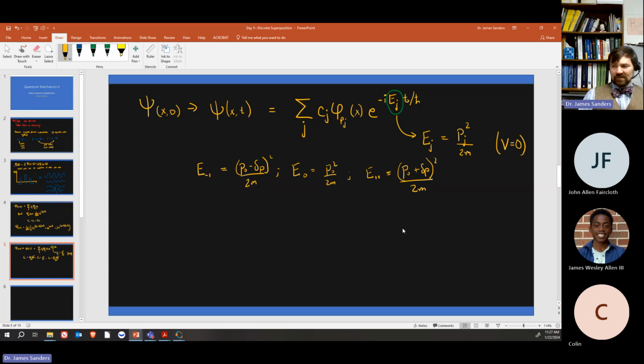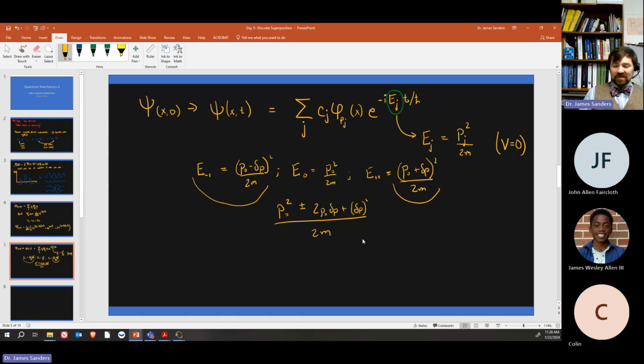So these two, if we expand them out, would be P naught squared plus or minus 2 P naught delta P plus delta P squared over 2m, for what it's worth.